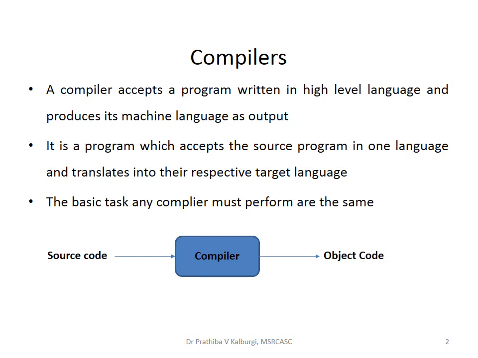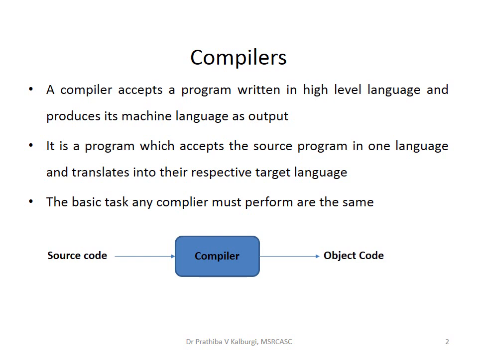That is called an object program, or we also call it a machine program, in order to create an executable program. So here it is a program which accepts the source program in any one of the languages such as C, C++, Pascal and so on, and translates it into the respective machine language, which is expressed in terms of zeros and ones.